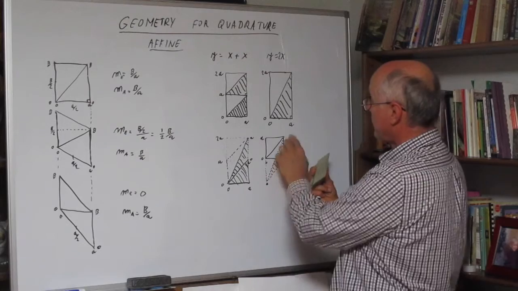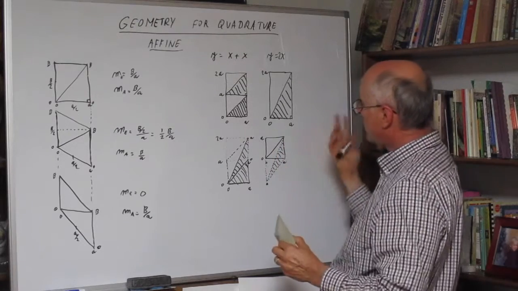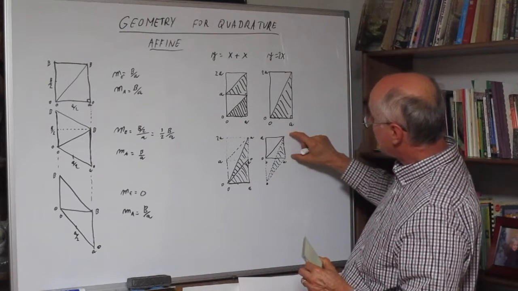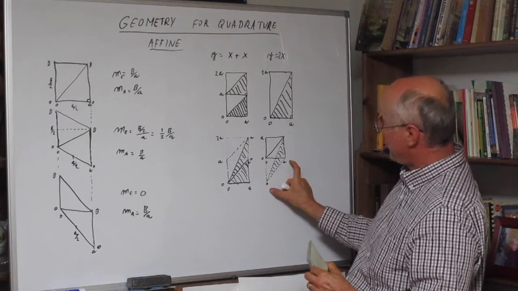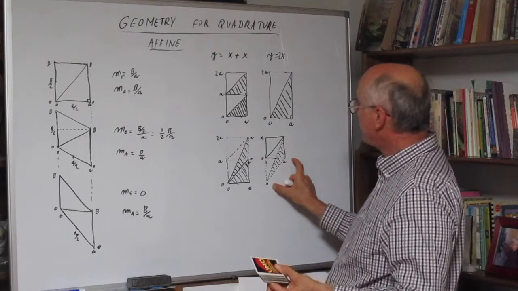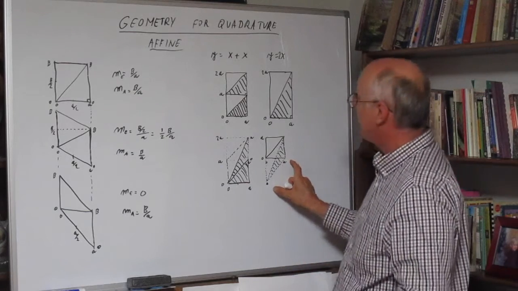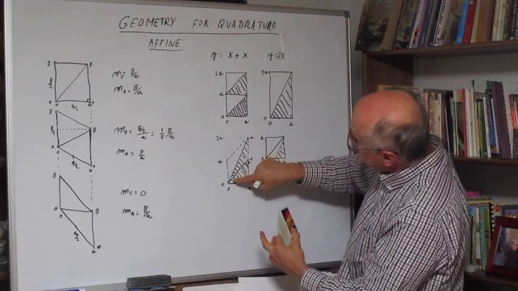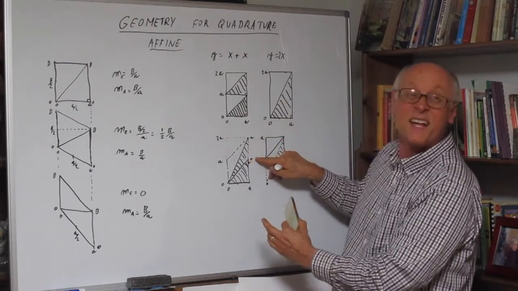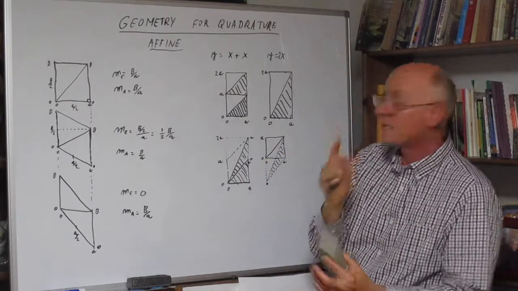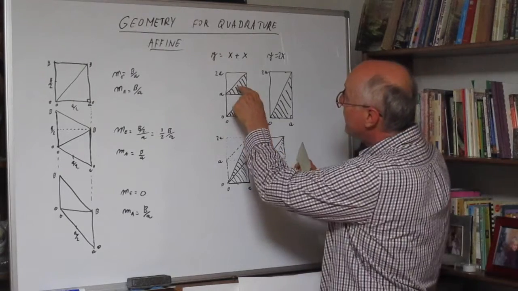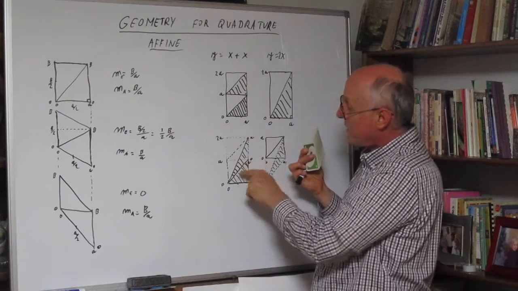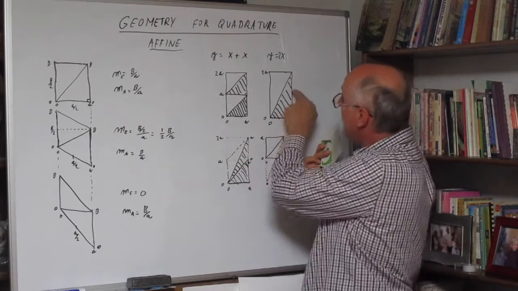This is our contribution. So look at the slope contribution of this one. It's rise, which is a over a. His slope contribution is 1. But notice that this will nicely stack on top of this. You see that? In the affine system, we can do a Cavalieri shift on this, shift it down to here, and now that matches.